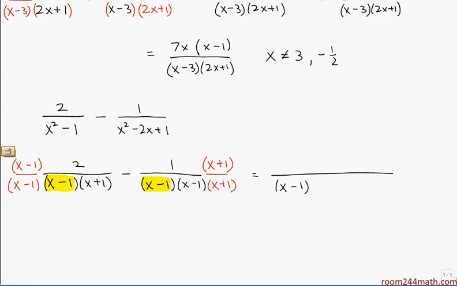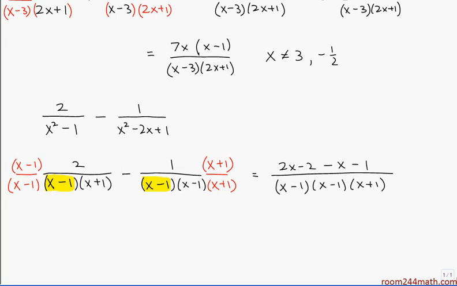I've got 3 factors in my denominator. I've got x minus 1, another x minus 1, and an x plus 1. And the numerator has to be both expanded and then simplified. So I've got 2 times x minus 1. That's 2x minus 2. And then 1 times x plus 1 is obviously just x plus 1, but you've got to keep in mind you're subtracting that whole binomial.